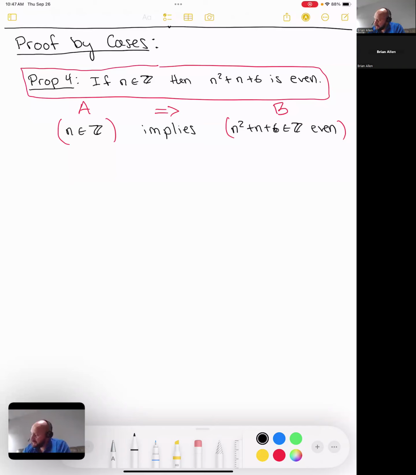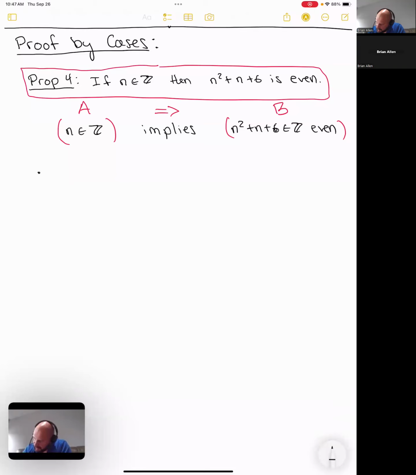Let's play a little bit with some examples. If I take an odd integer, 7, and square it plus itself plus 6, then what do I get? I get 49 plus 7 plus 6. If you add those together, you get 62, which is even.